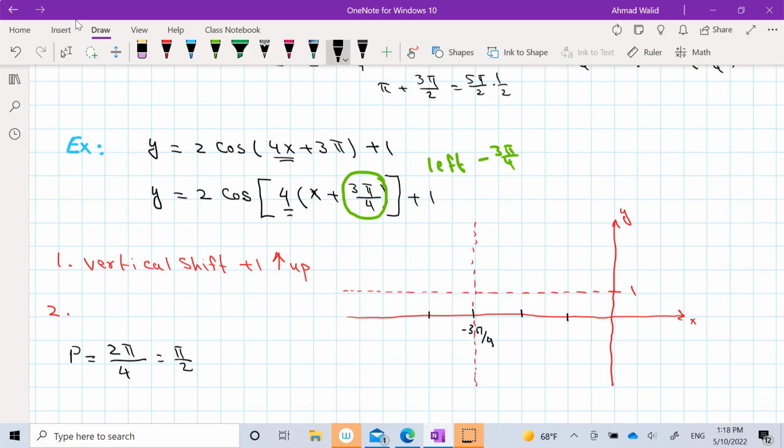It means pi over 2 minus 3 pi over 4, whatever that is, it's your end of the period. Let's calculate. You multiply the first fraction by 2 to get the common denominator. 2 pi minus 3 pi gives you negative pi, right? Over 4. Correct? This is negative pi over 4.